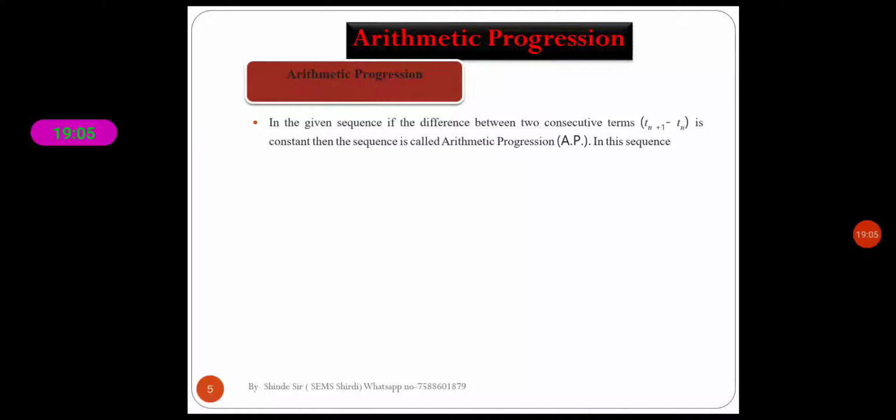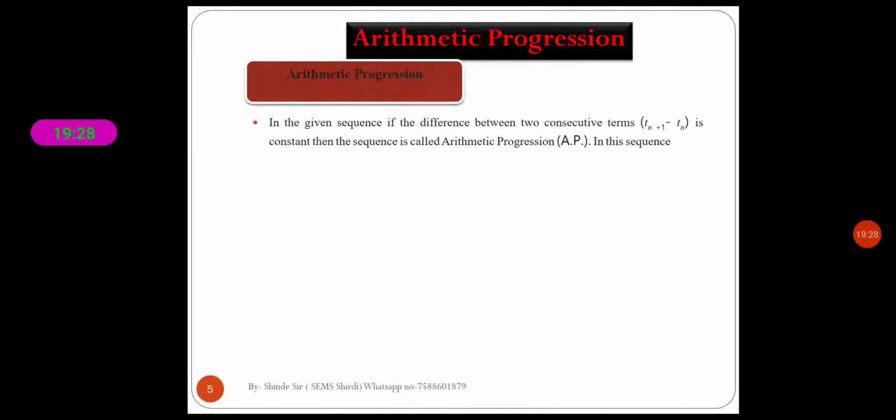Okay, again I repeat the definition. In the given sequence, if the difference between two consecutive terms tn plus 1 minus tn is constant, then the sequence is called an arithmetic progression.